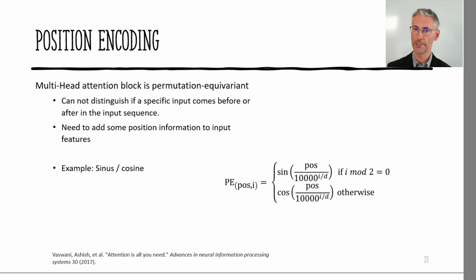One word on position encoding, because nowhere in this attention block have we made any assumption on the order of the tokens, right? We have always assumed that the sentence has some sort of structure in it, when we talked about, for example, the translation of a German to an English sentence, but we haven't actually encountered any way of making the order of the words explicit.